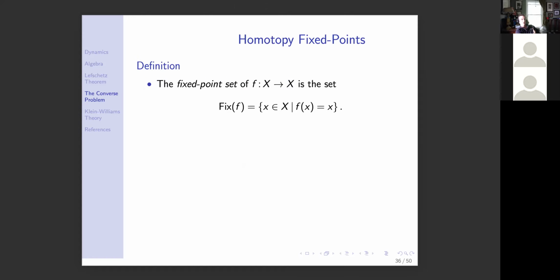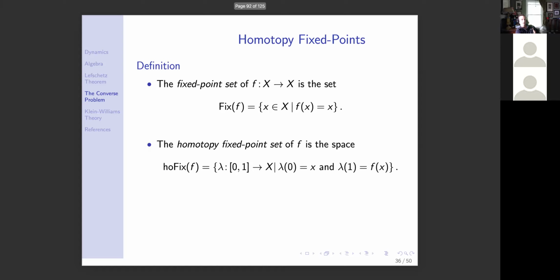So I want to talk about something called homotopy fixed points. First of all, let's recall what the fixed point set of a self-map is. That's the set of points x in X such that f(x) equals x. So that's a set, a subset of X. The homotopy fixed point set is defined similarly, where you replace the condition that f(x) equals x by the condition that there should be a path specified from the point x to the point f(x). So lambda is a path from [0,1] to the space X, whose initial point is the point x and whose terminal point is f(x).